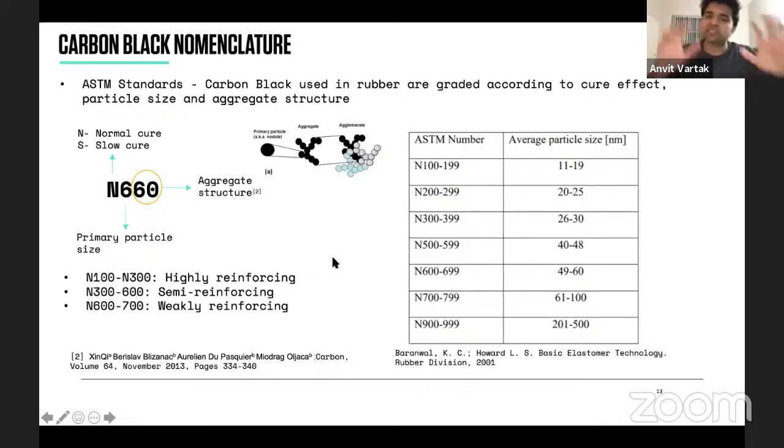So that's how it interacts. And that's why the surface area of that particle is important for interacting with the rubber. The more smaller particles you have, the more surface area, which acts as a filler in the rubber and interacts with the rubber that surrounds it.